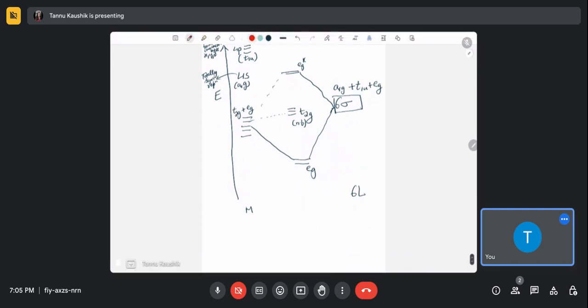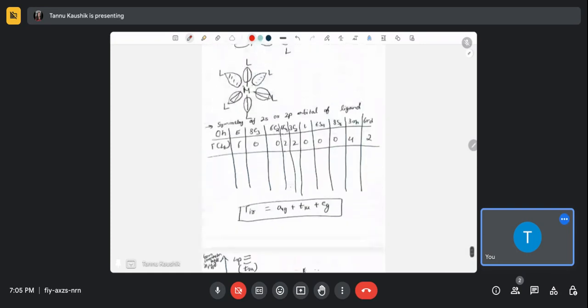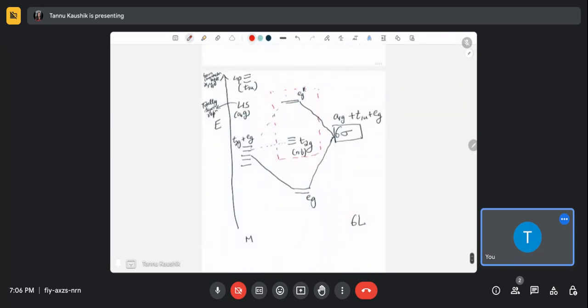So this is the ligand field splitting. This is the reason we get the ligand field splitting, because we know for octahedral geometry the 5 d orbitals can't be at the same energy because of the ligand field splitting energy.